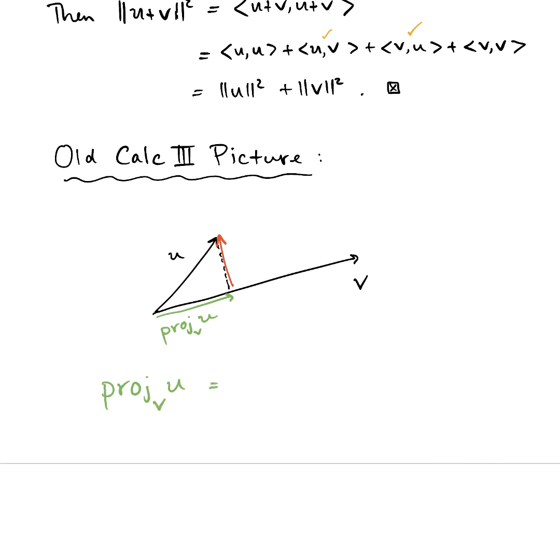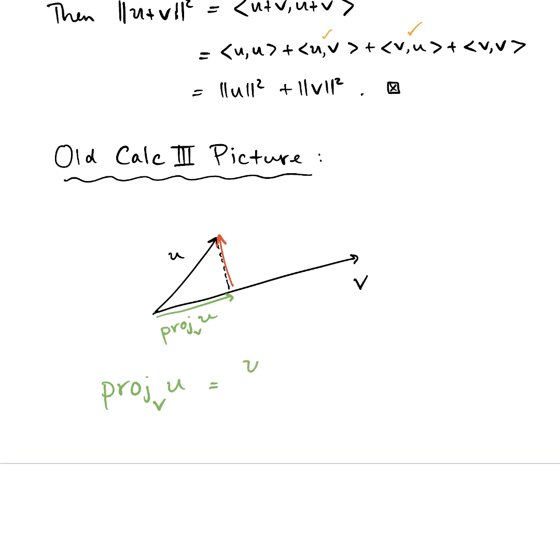Now look at it for a second. That green arrow, that points in the same direction as v. It's not nearly as long as v in our picture, but it points in the same direction, so it must be a multiple of v. So the only question is, what multiple? And when the dust settles and you do a bunch of dot product stuff, law of cosines, etc., back in Calc 3, when the dust settled, this is what it turned out to be.